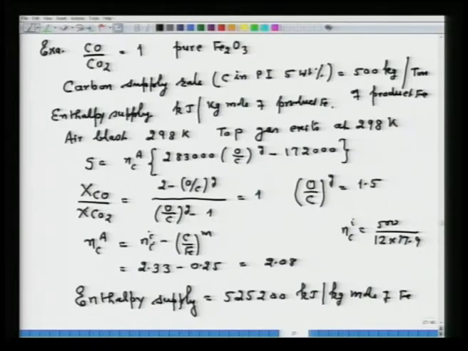Now, what we have done? We have taken here pure iron as a product.